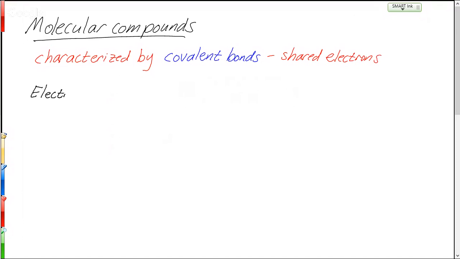We're going to do something called making an electron dot formula. In an electron dot formula, all that means is you take the valence electrons for an atom and you draw them on the atom as little dots.